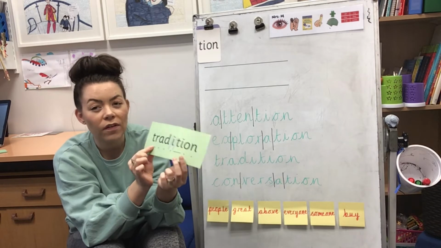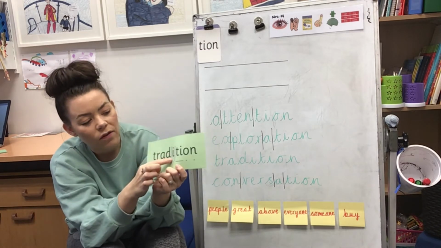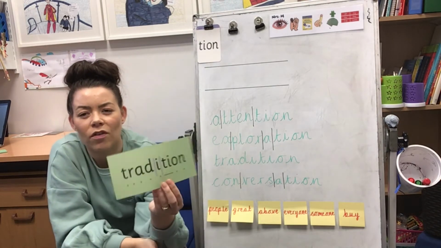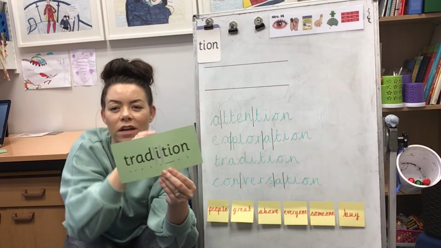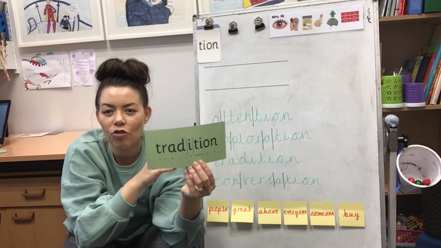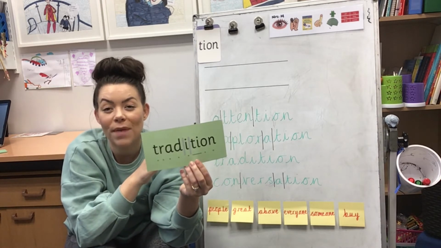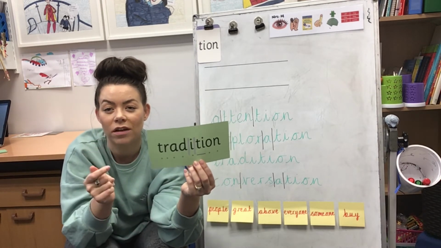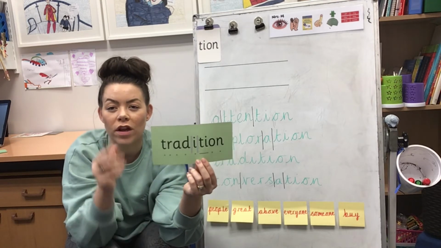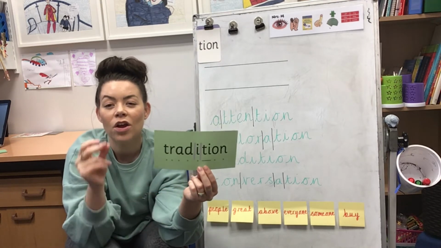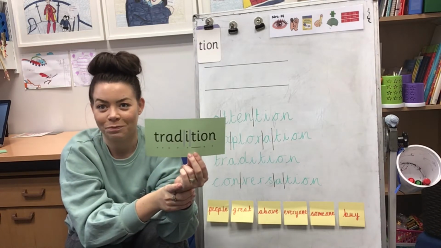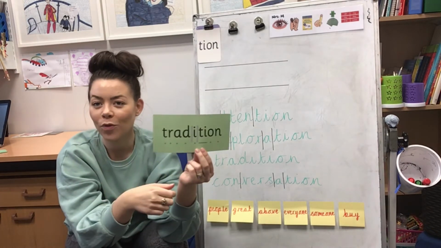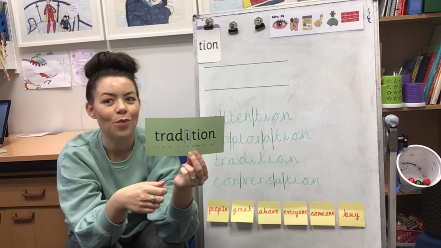Can you see that it's got these grey lines on? Tradition. They're the syllables, because tradition has got 3 beats to it. Tradition. So it's got 3 syllables. Tradition. We call this something posh. Okay? It's called a multi-syllabic word.